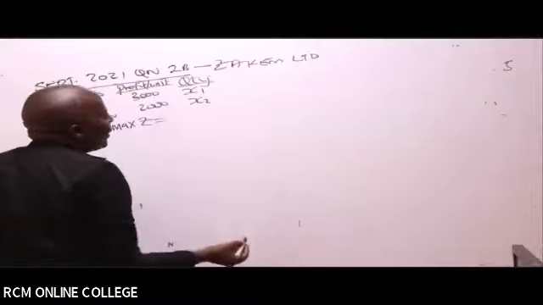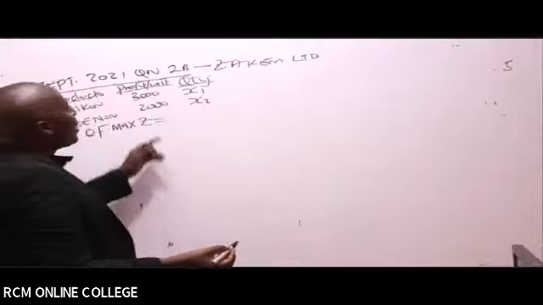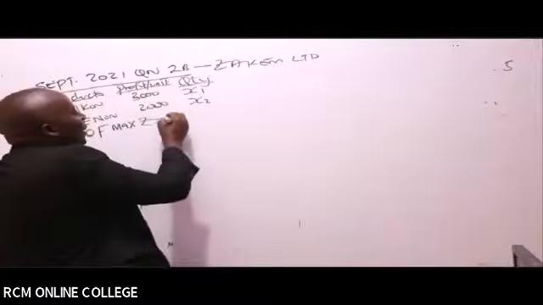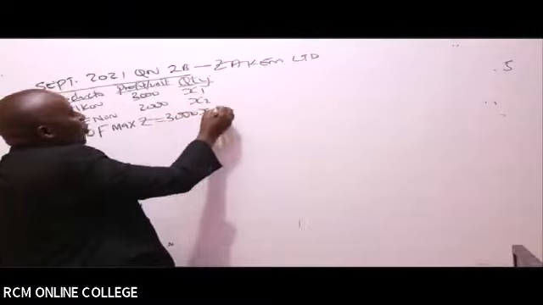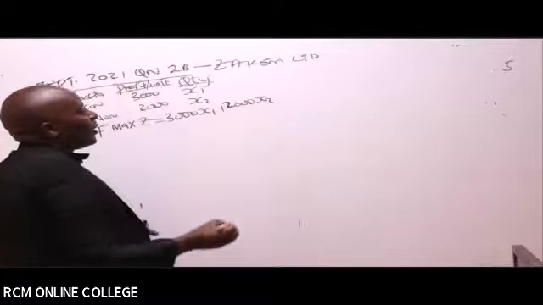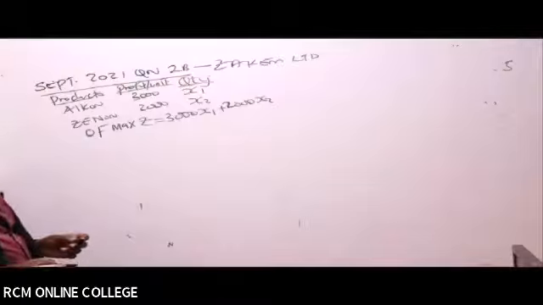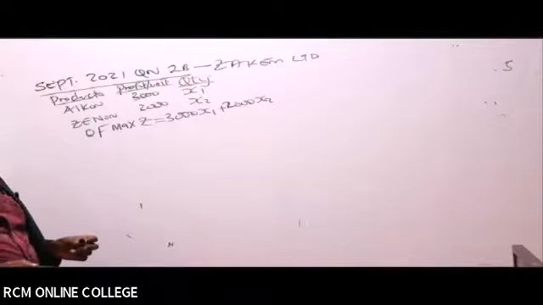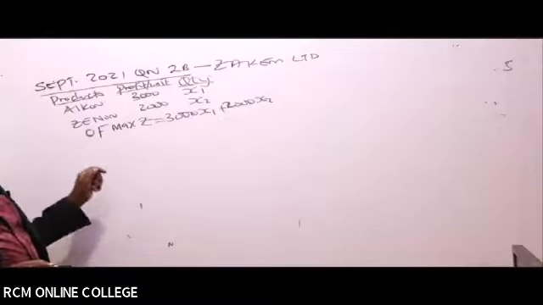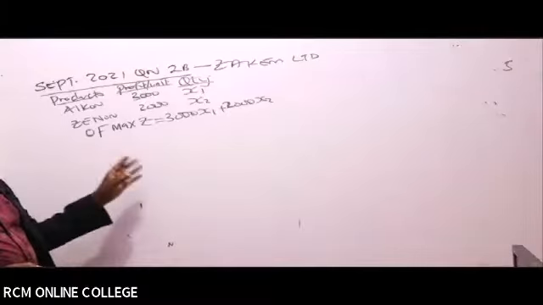Remember, this profit is per unit and these are the number of units. So the objective function will be 3,000 X1 plus 2,000 X2. That is the objective function, to maximize Z, which is total profit.